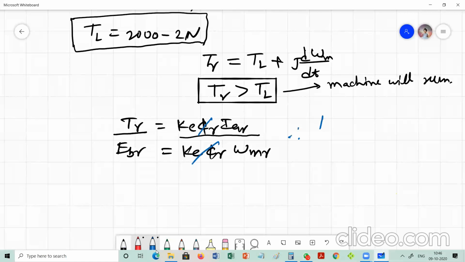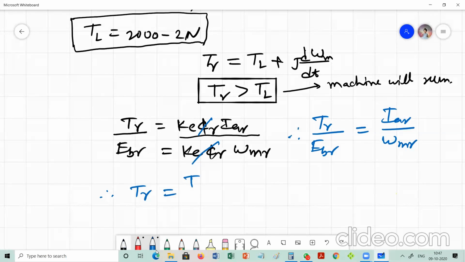Therefore TR by EBR is equal to IAR by omega mr. Therefore TR is equal to IAR by omega mr into EBR.